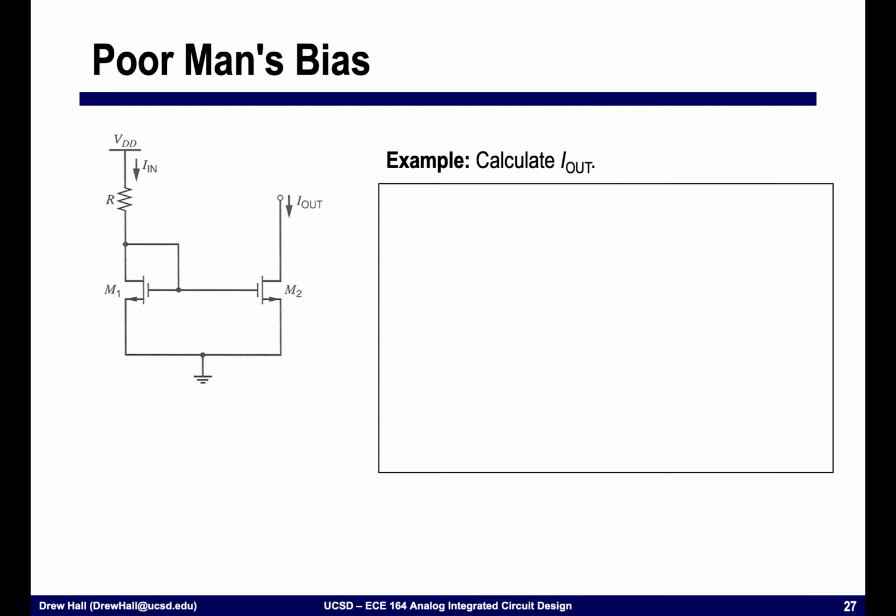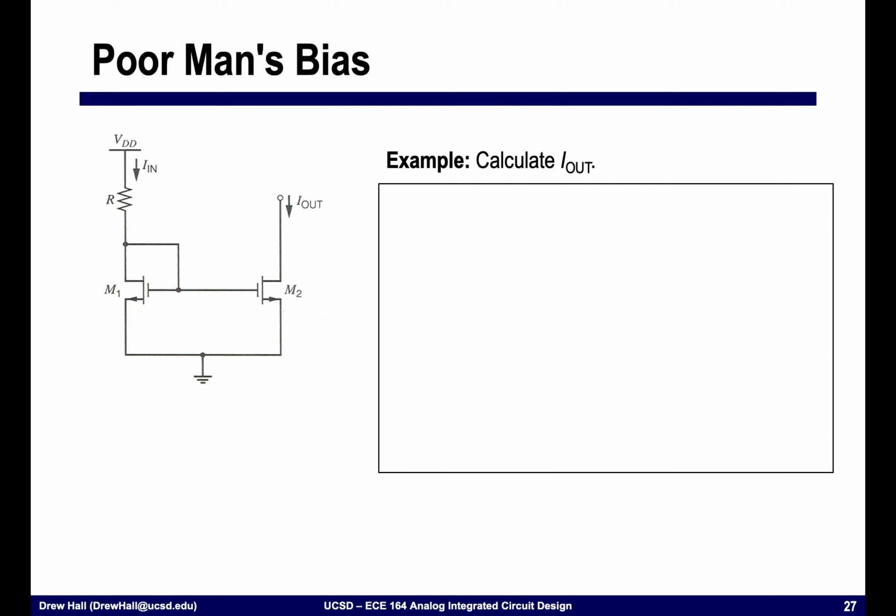All right, moving on to generating reference voltages, we're going to look at several voltage reference circuits in the next handful of slides. Starting off with very, very simple reference voltages and then moving to more complicated bias circuits, okay?